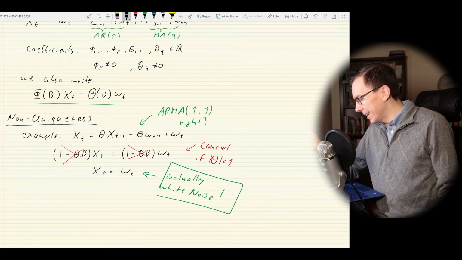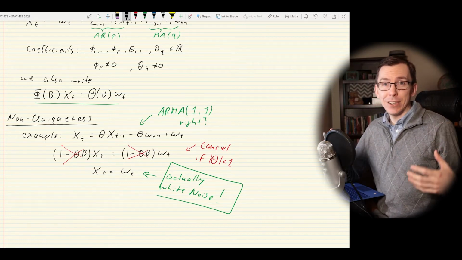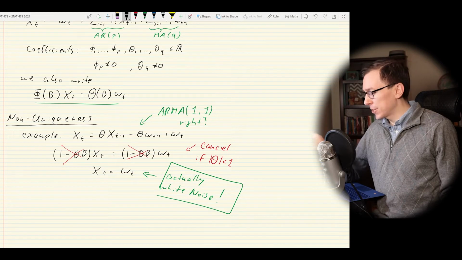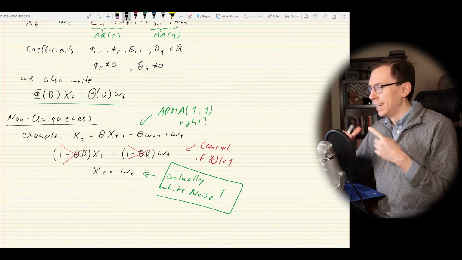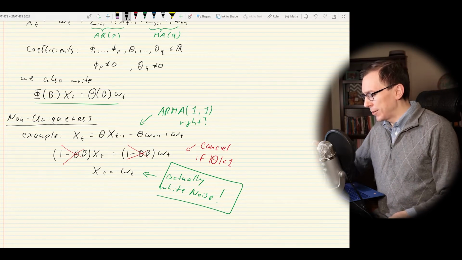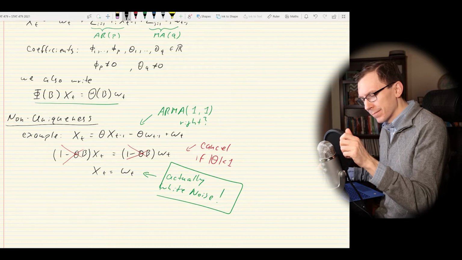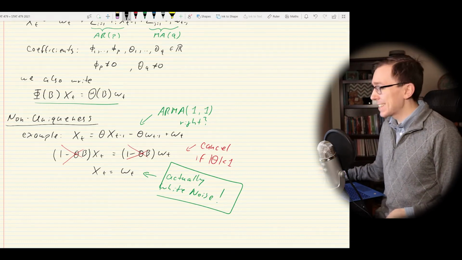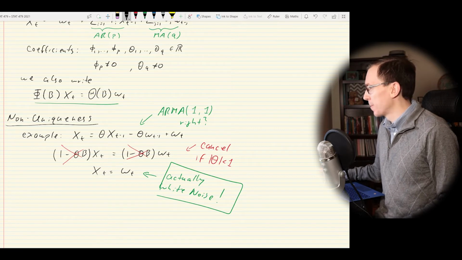It could be any theta as long as it is less than 1 in magnitude. So this makes the problem of estimation very tricky, because we want to estimate something in some sort of reduced form, and we want to be able to do that uniquely. That's just one of the headaches that can arise when you're dealing with an ARMA process.